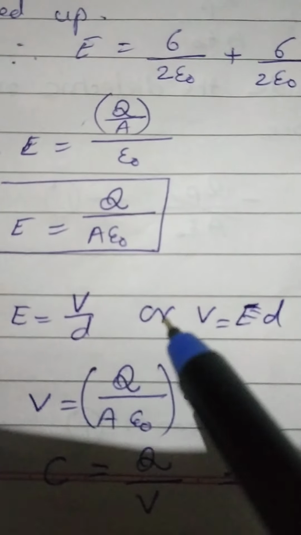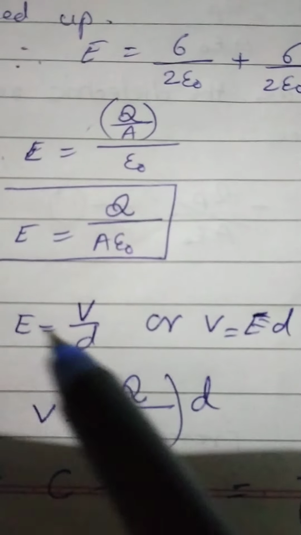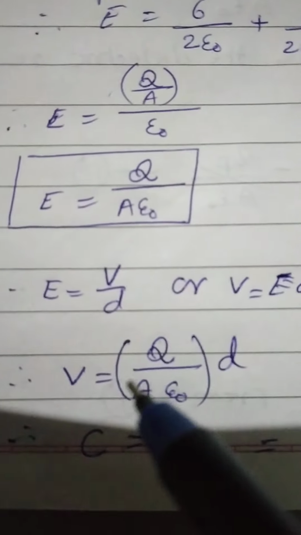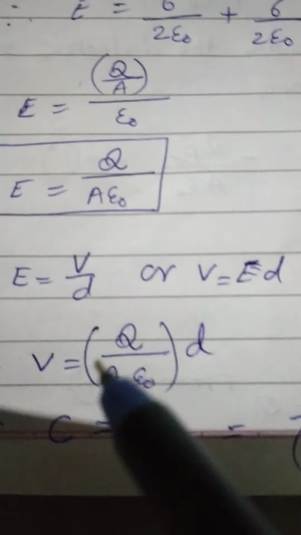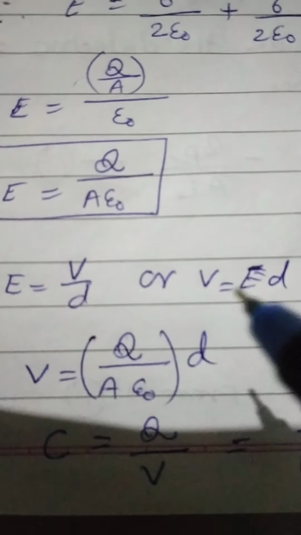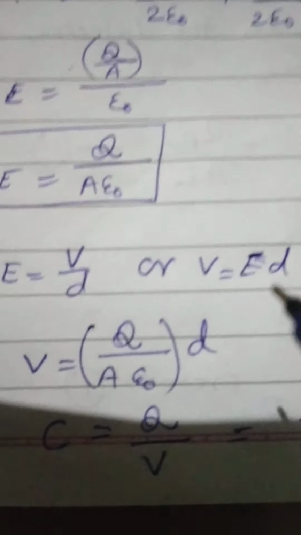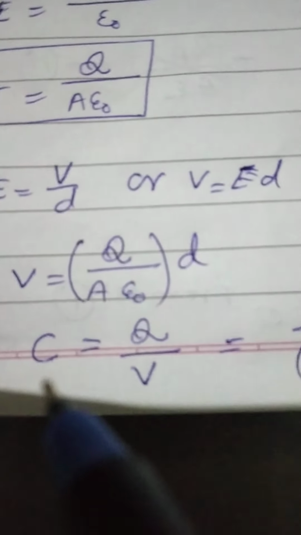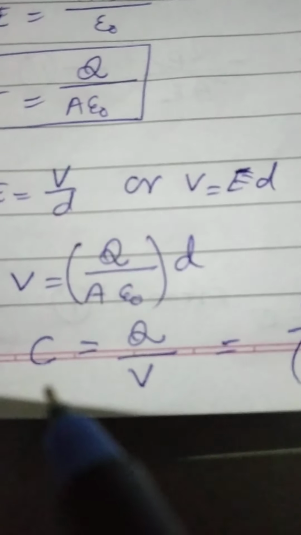So V is equal to Ed, which is Q upon A epsilon naught into d.